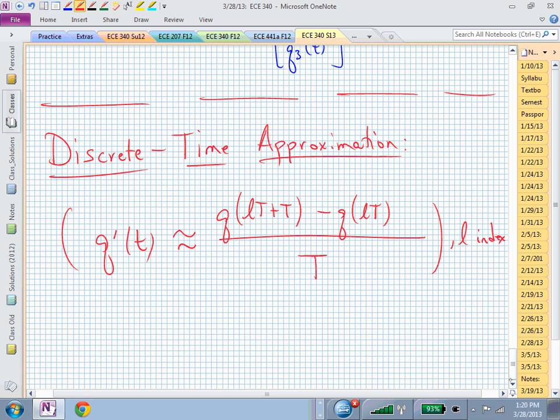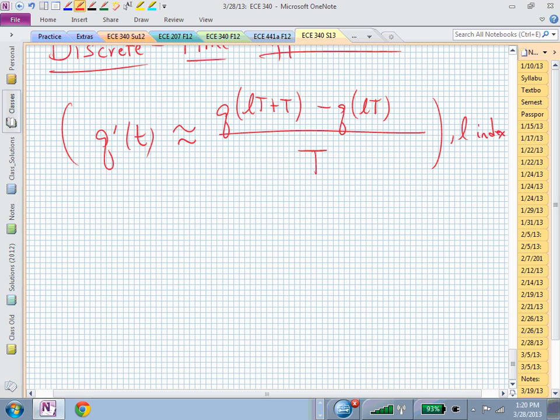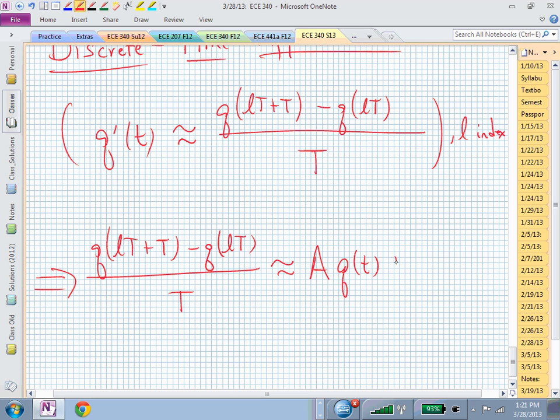This now allows me to replace on the left-hand side of that set of equations q of LT plus T minus q of LT, and remember, it's clear from the context that those are vectors, divided by T, and that's now approximately equal to A times q of t plus B times the input.